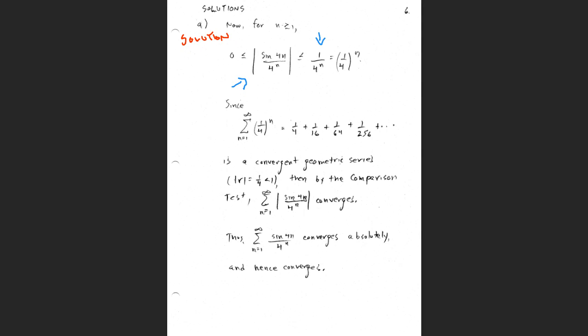The sine of any angle is always bounded between -1 and 1. Now, 1 divided by 4 to the nth power is equal to (1/4) to the nth power.